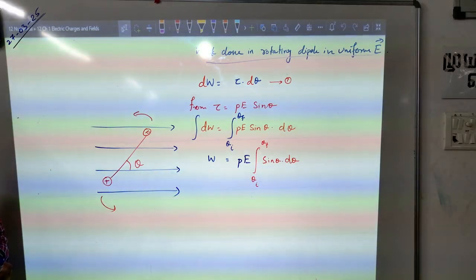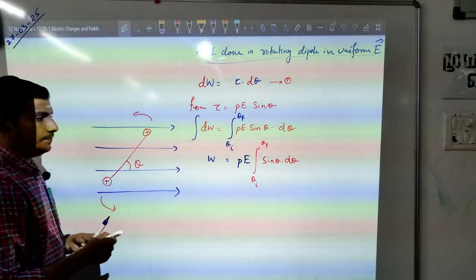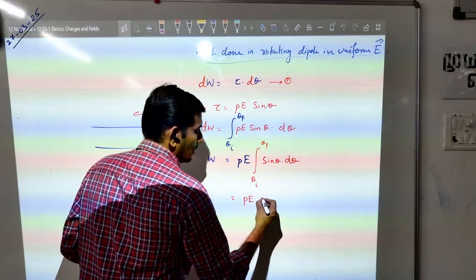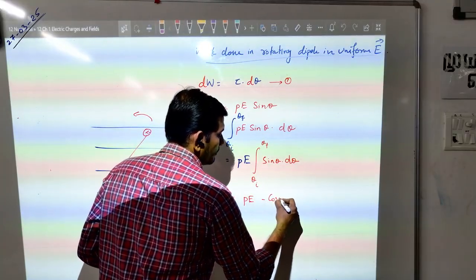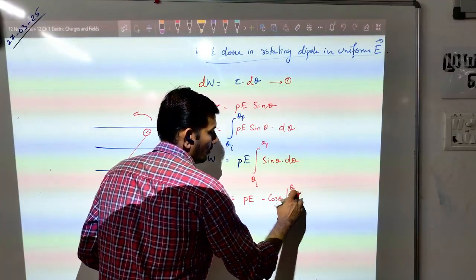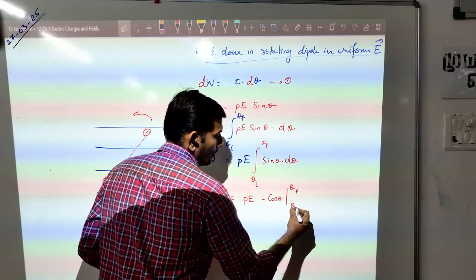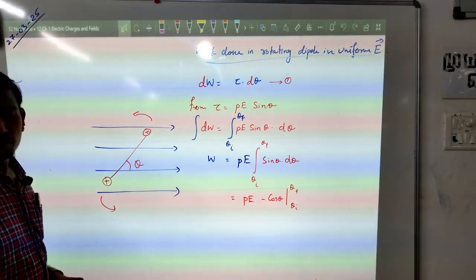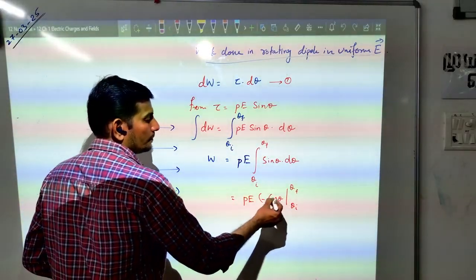Minus cos theta. Which is equal to PE into minus cos theta, upper limit theta final, lower limit theta initial. Correct?